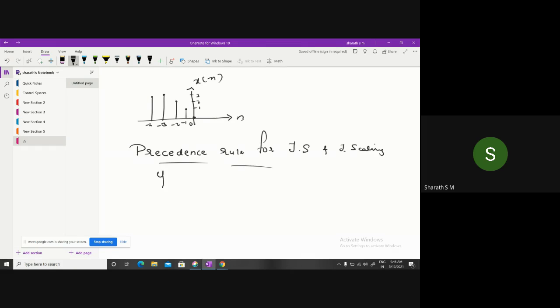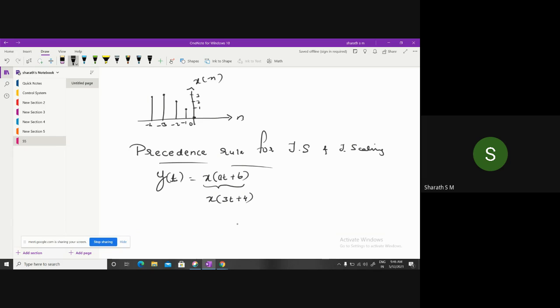So the precedence rule concludes. For an equation like y of t is equal to x of a t plus b, in general format, for example x of 3t plus 4.